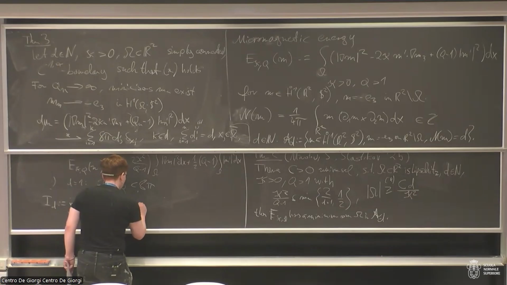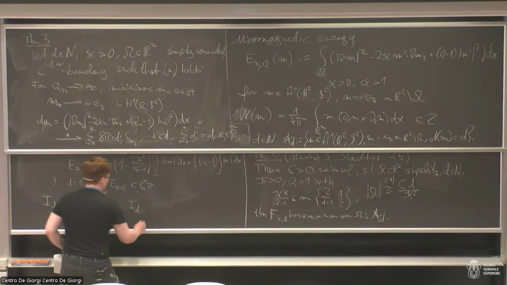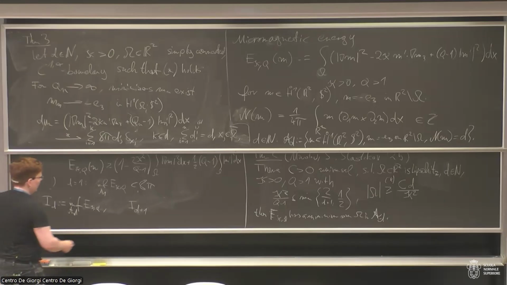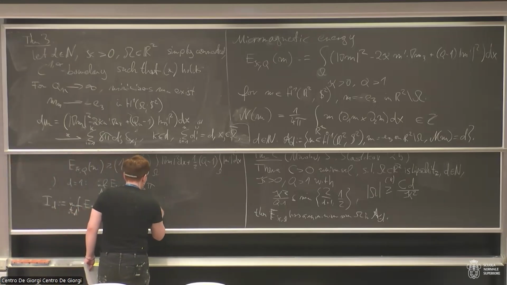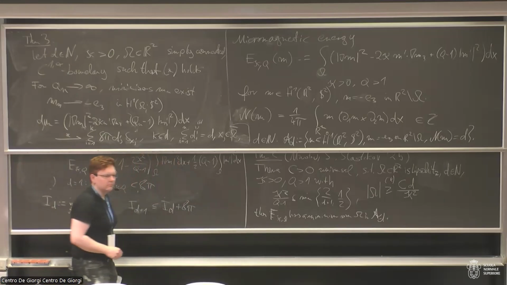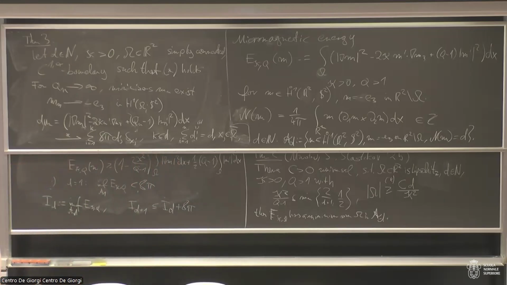A relatively easily obtainable estimate is that if you increase the degree by 1, you get the old energy plus 8 pi. And the 8 pi is the 8 pi from the topological lower bound, by going one degree up in the topological lower bound.